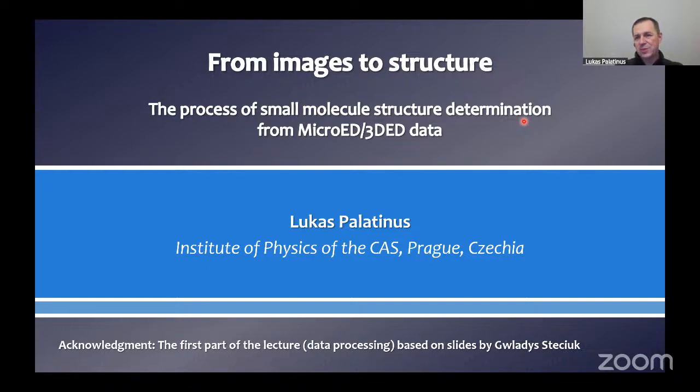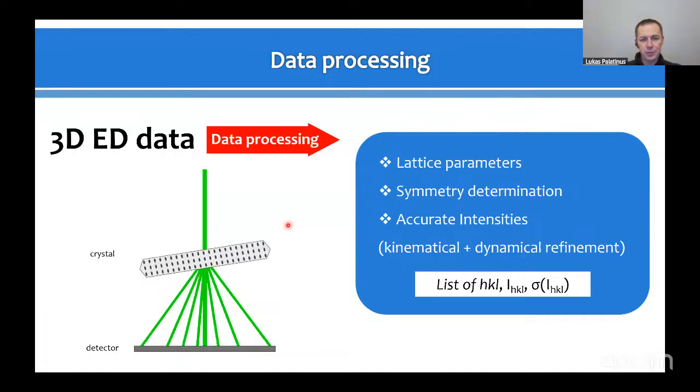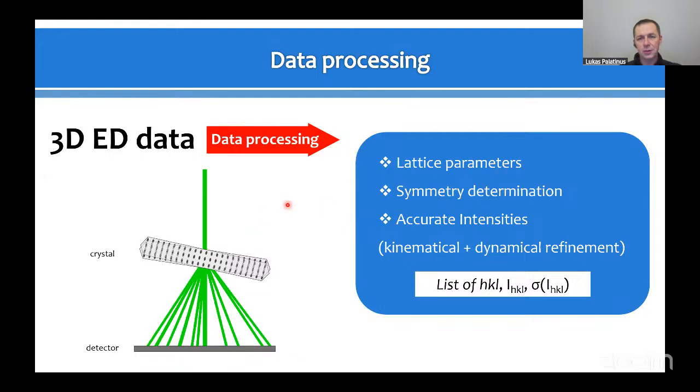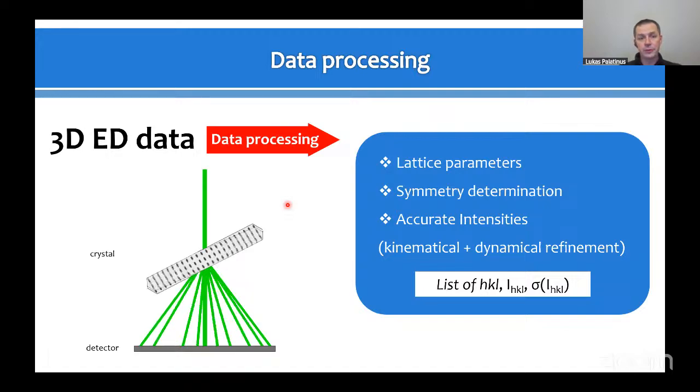By now you are familiar with the experiment, so you know what a 3D ED or MicroED experiment is about. This is a little animation showing the basic idea. We take a crystal, we rotate the crystal, and collect the diffraction patterns. We end up with a collection of diffraction patterns associated with crystal orientation.